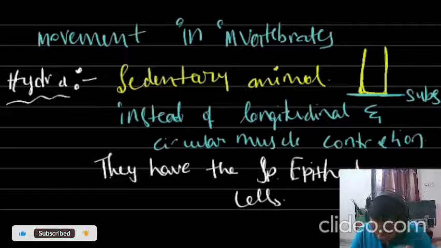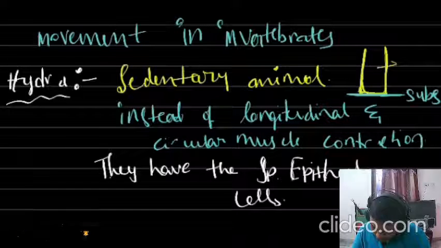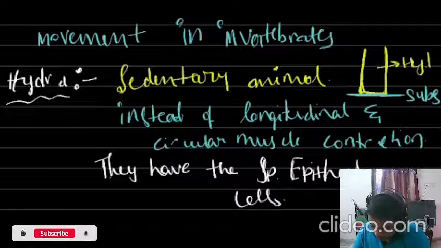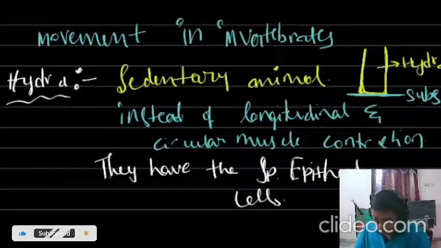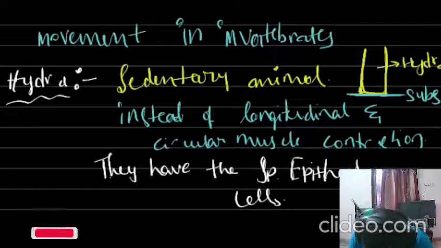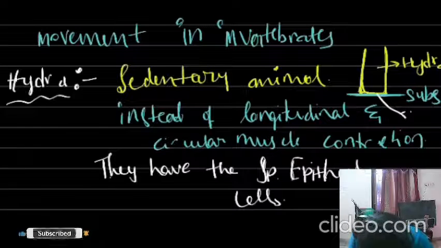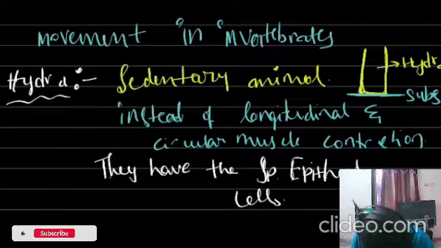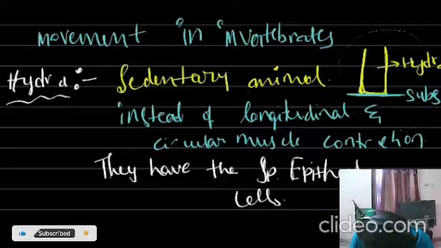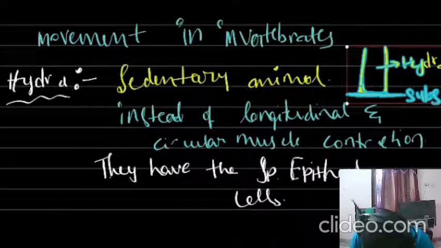SBS means substratum, the yellow one is the Hydra. This is the base. No need to write the base, I think. Yes, the place won't be sufficient. Let's just make it small.